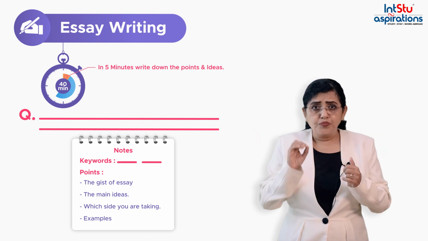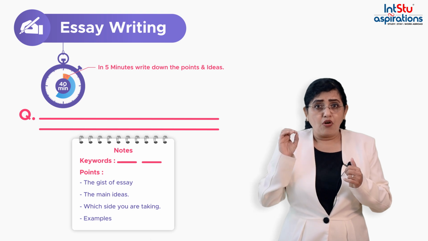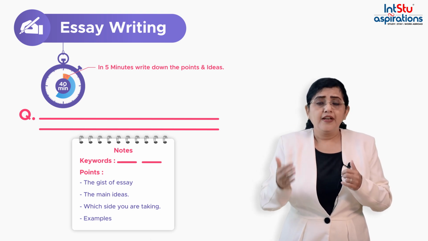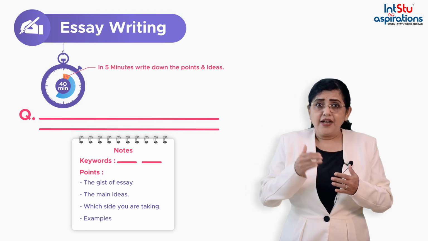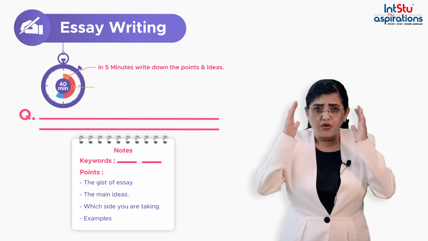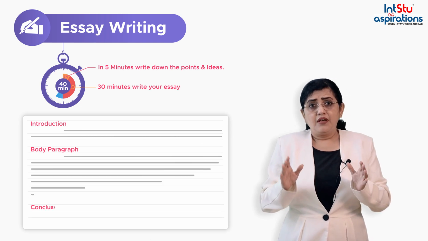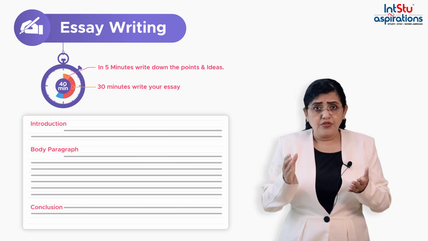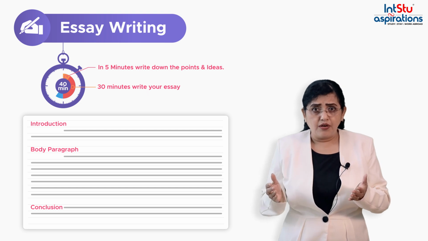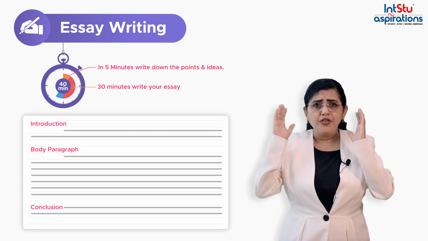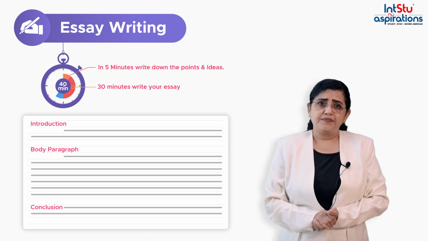Once you put down the points, you will also get an idea of what you can put in the introduction and conclusion as well. And for the 30 minutes, concentrate on just writing your essay. Once you have your main points jotted down, now it's just a matter of framing sentences and putting your ideas on paper.